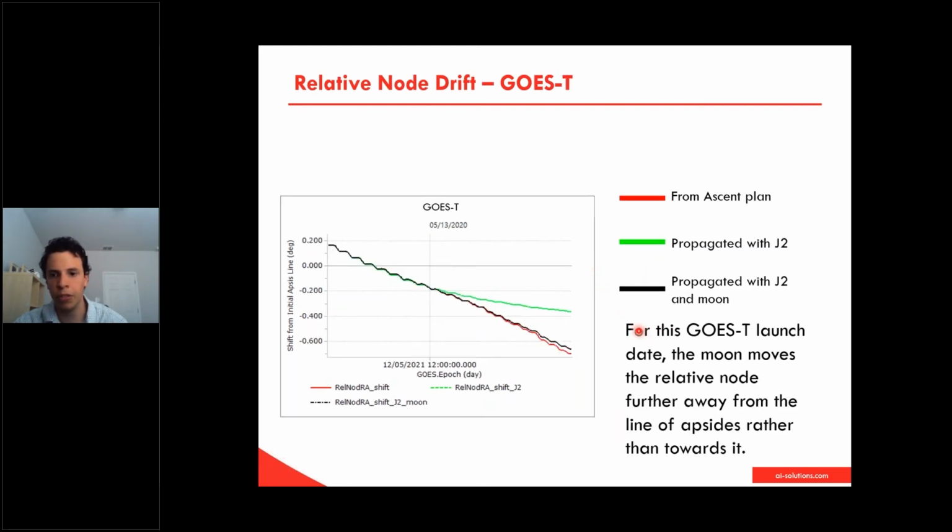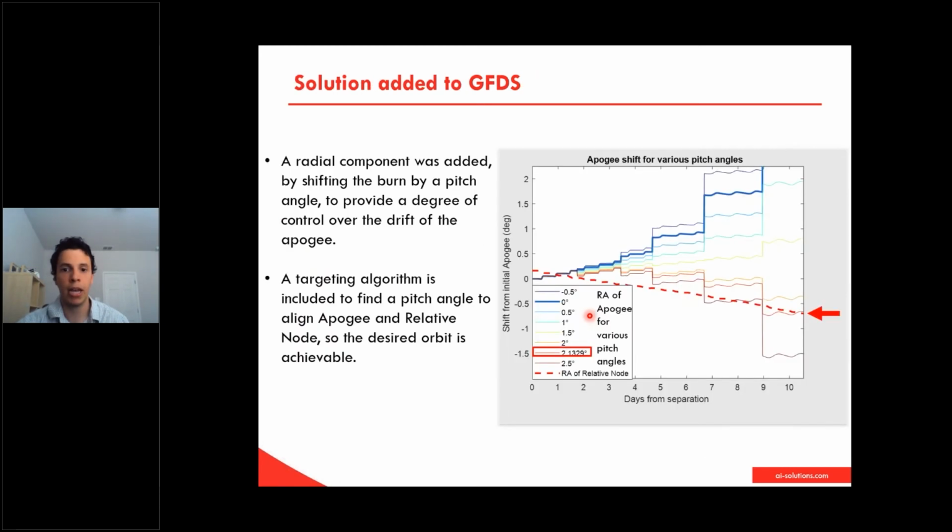So for GOES-T, the relative position of the moon at that date happened to push apart the relative node from the apogee, and that basically explains why it was fine for the previous missions, but not for GOES-T. And also using FreeFlyer, we came up with the solution, which was to add a small radial component on each maneuver.